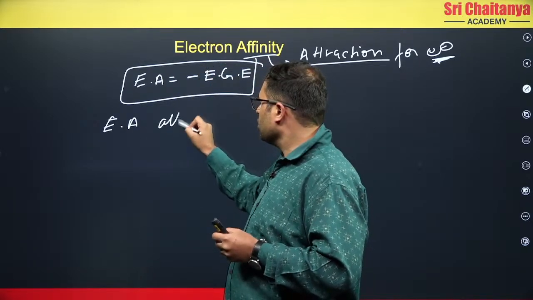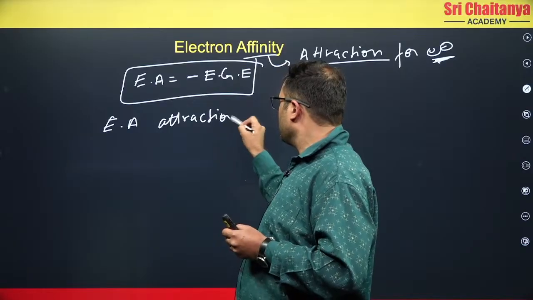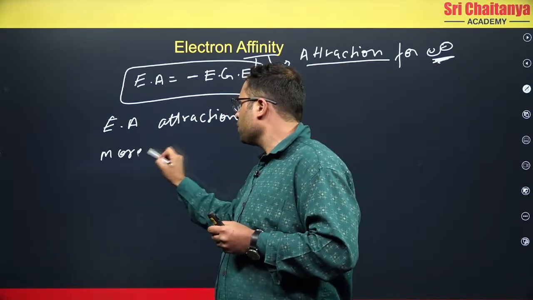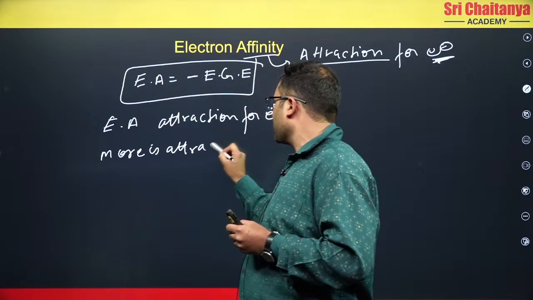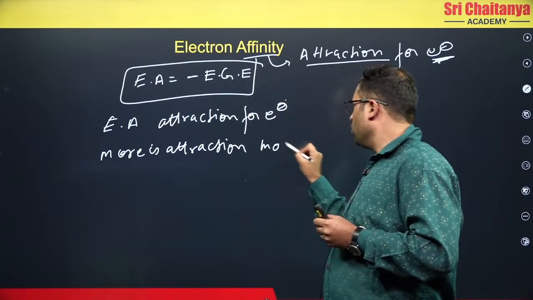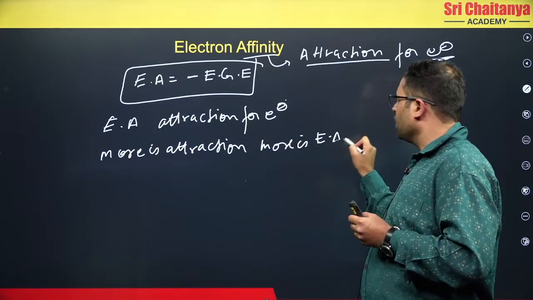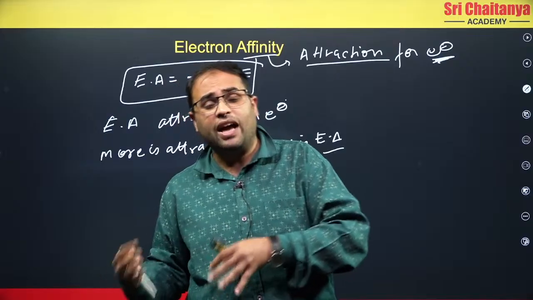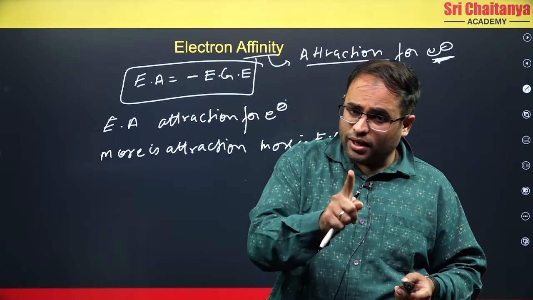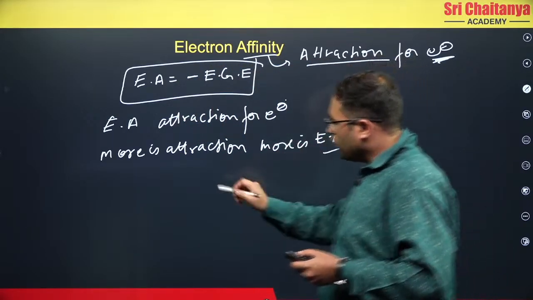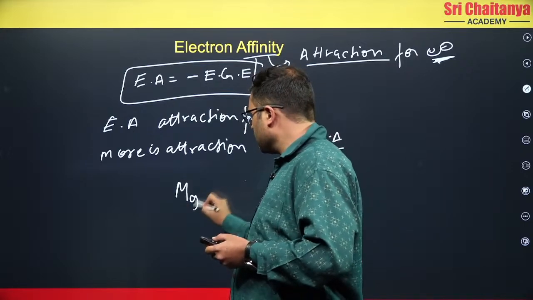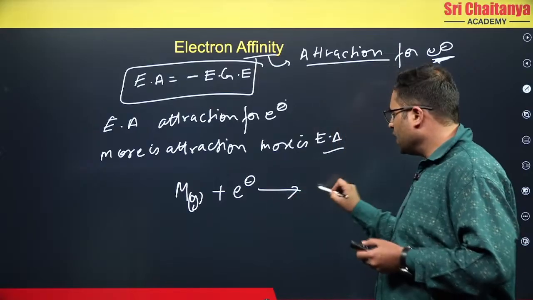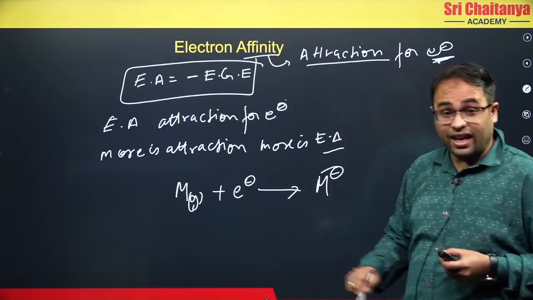So electron affinity is the attraction for electron. The more the attraction, the more the electron affinity. And remember this, electron affinity and electron gain enthalpy are numerically equal, but they have different signs. Suppose you gain an electron and get an anion.